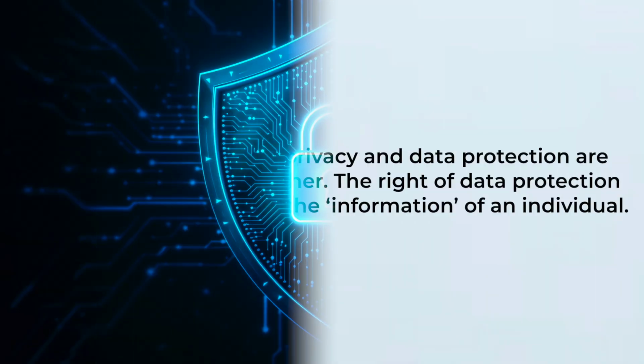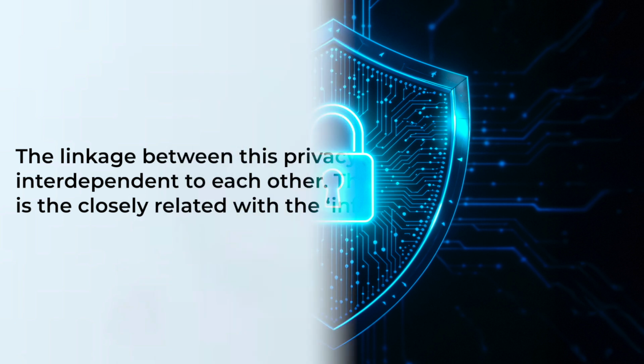There are a number of cases which establish the right to privacy as a fundamental right. The conceptuality of this proposition is also connected with the new dimension of data protection. The linkage between privacy and data protection is interdependent.